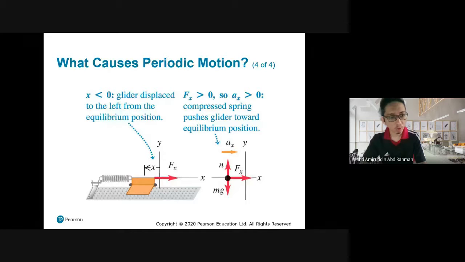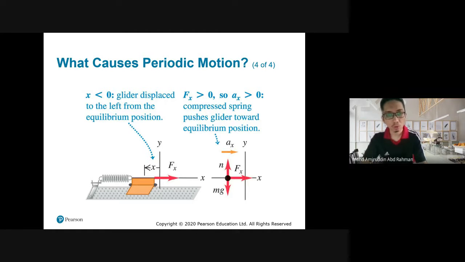And then when we compress it, there is an acting force on the right, because now the spring is in the compressed condition, so it pushes the object towards the equilibrium position, to its normal position.